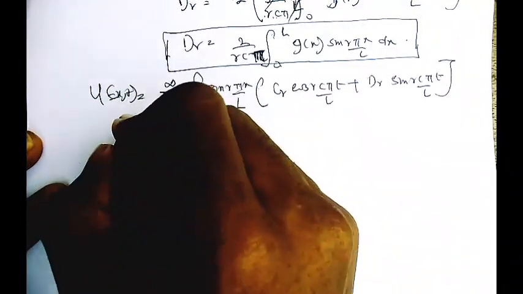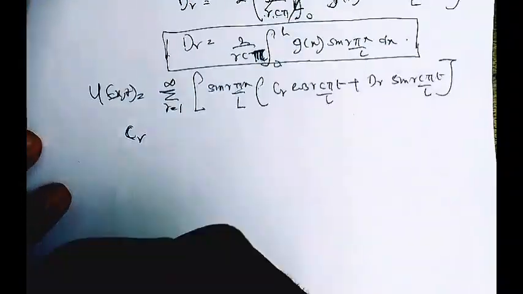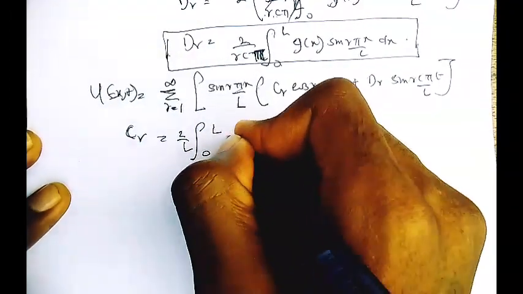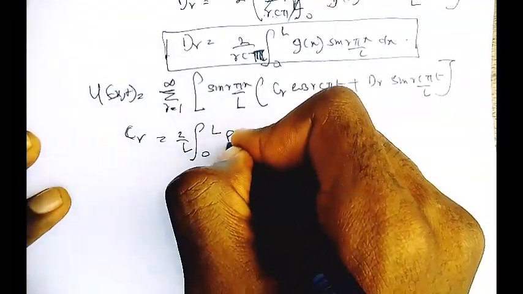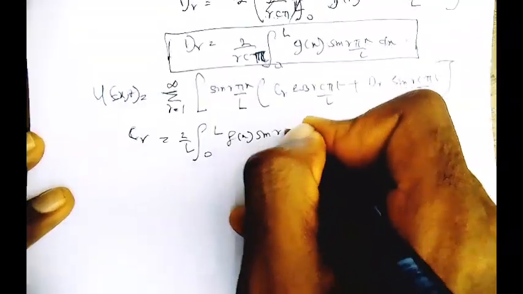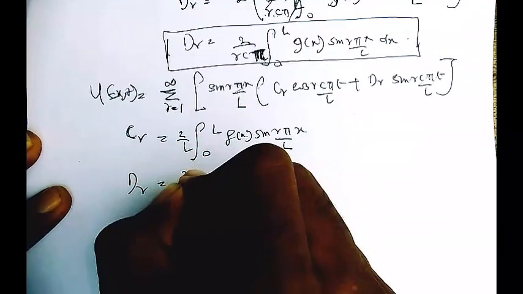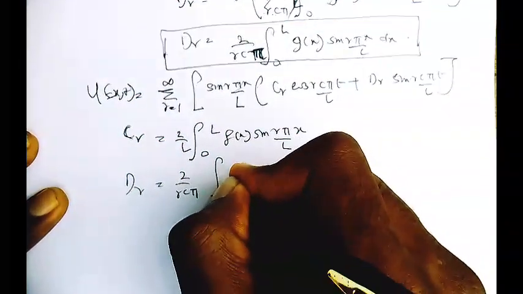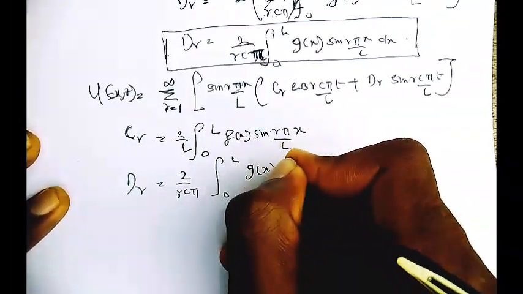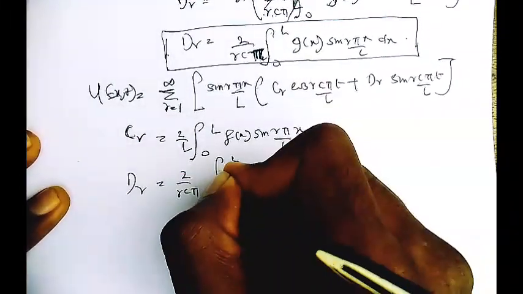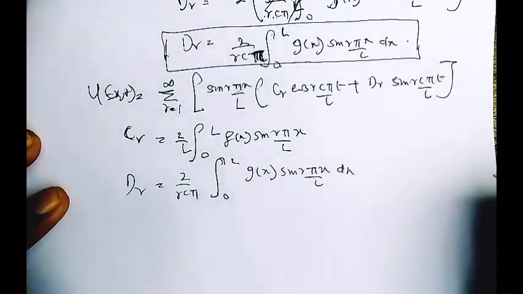Now, since we've already gotten the value of c subscript r, where c subscript r is equal to 2 over l, integral from 0 to l of f(x) sine r pi x over l, and d subscript r is 2 over r c pi, integral from 0 to l of g(x) sine r pi x over l, this is how our solution will go.